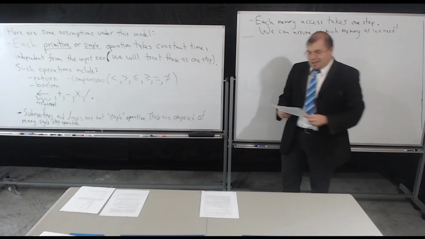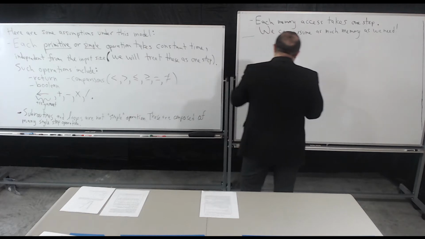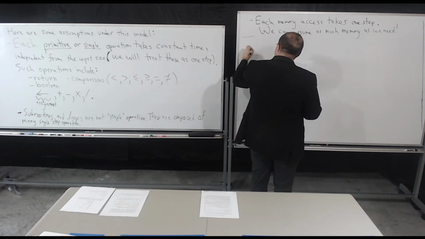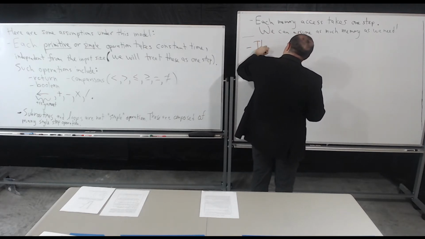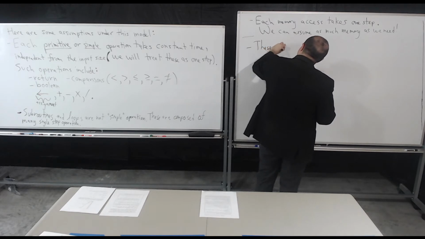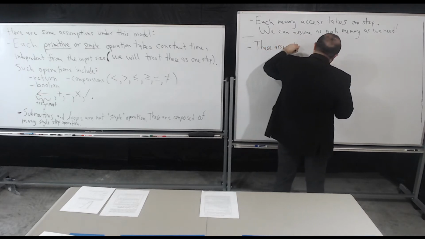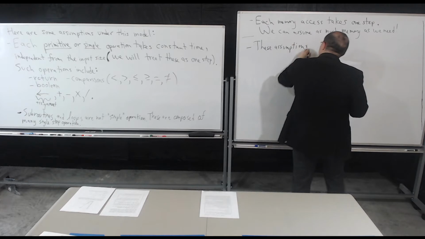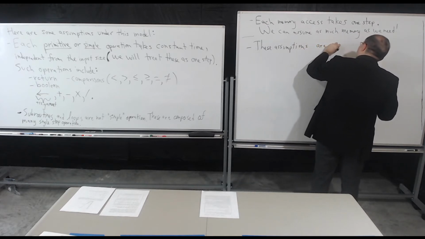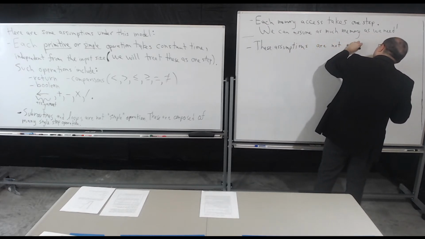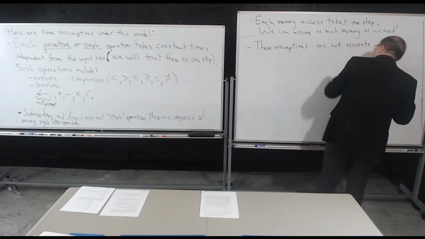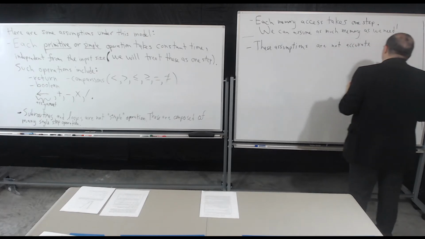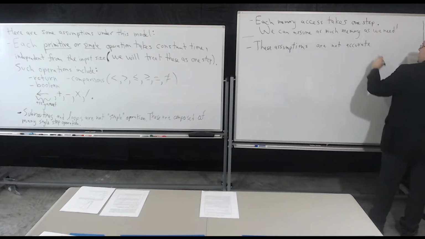I haven't talked about that yet. So you might say these assumptions are not accurate. Remember, I told you there are some drawbacks, like the multiplication and addition problem here.